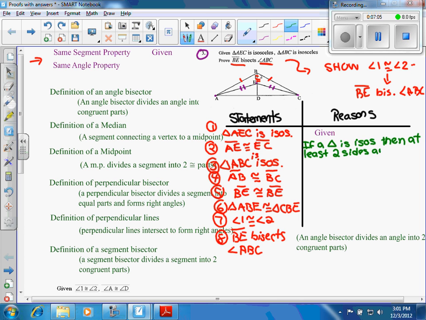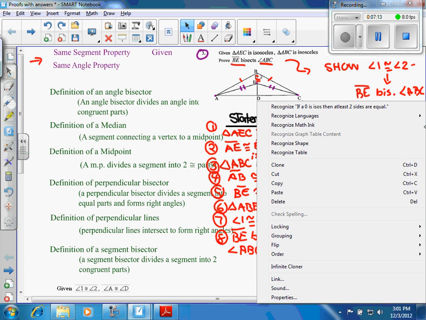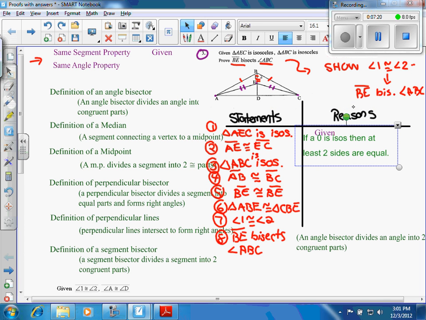Because it's not an equilateral triangle. If a circle is isosceles, look, it can't handle that. If 0 is isosceles, we'll correct that in a minute. That's kind of funny. Okay, so we're going to use that twice, aren't we?